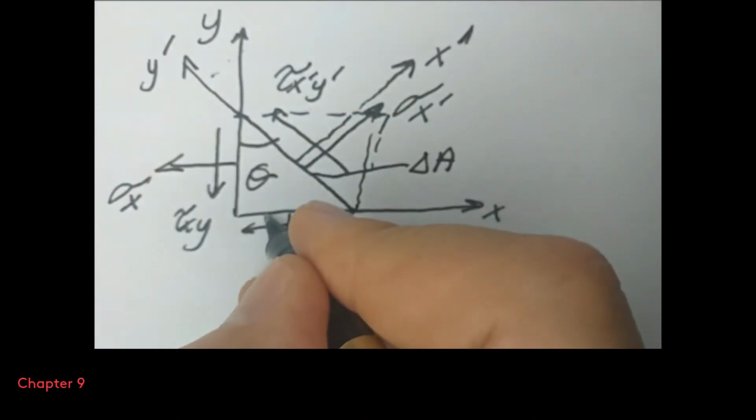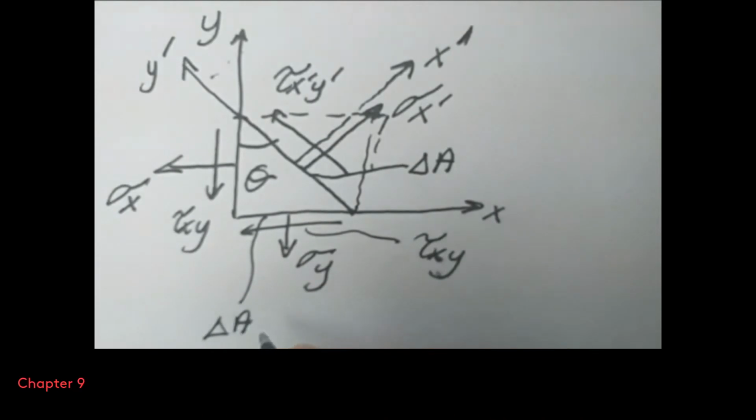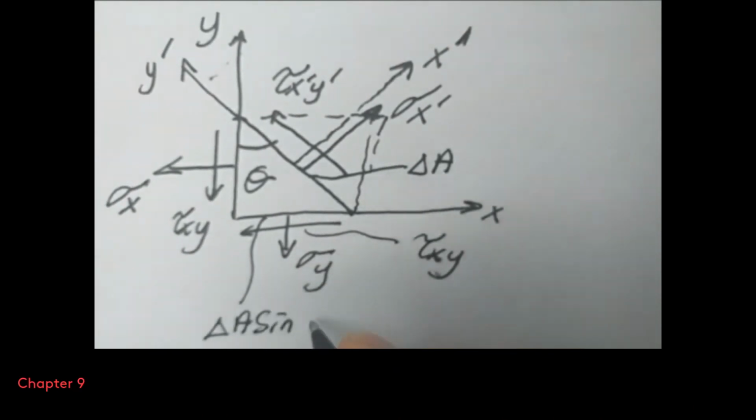Now, this surface will have the area delta A multiplied by sine theta, if this is theta, and this is delta A cosine theta.